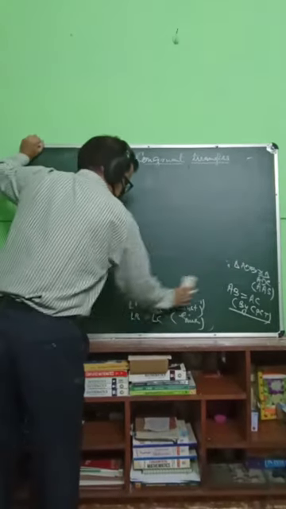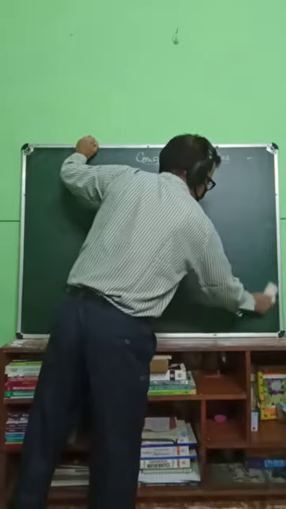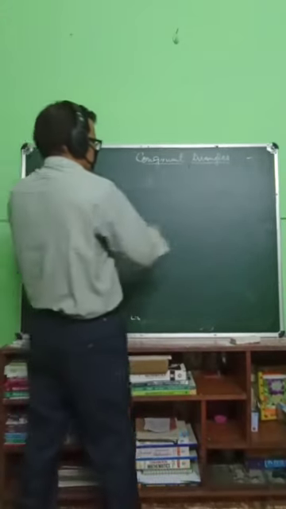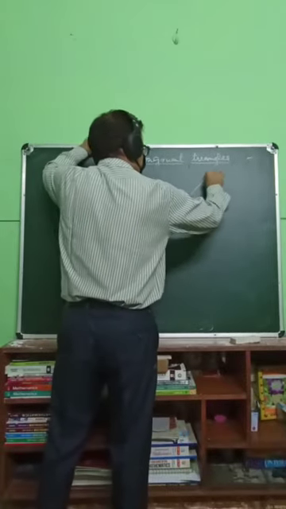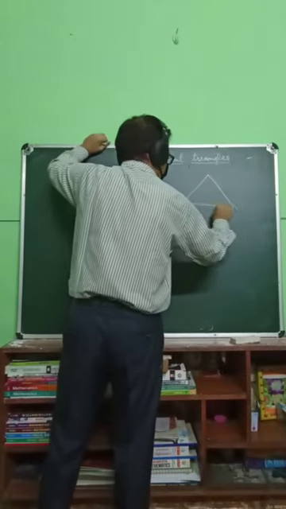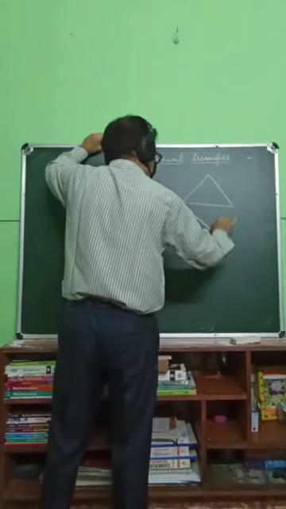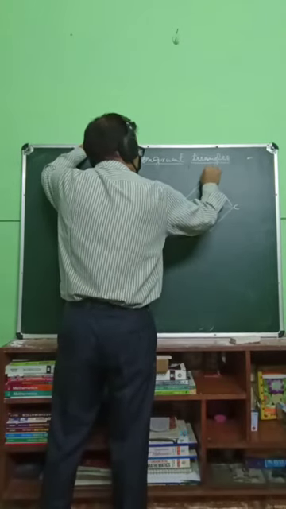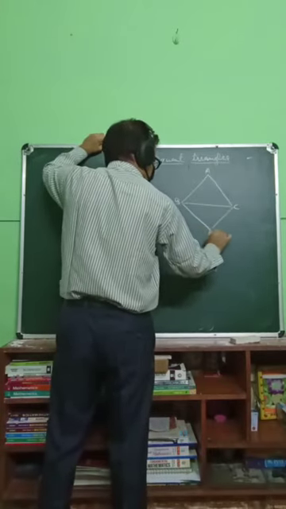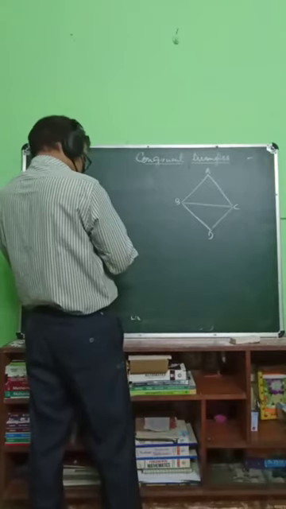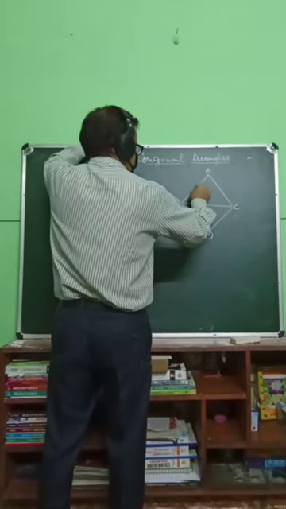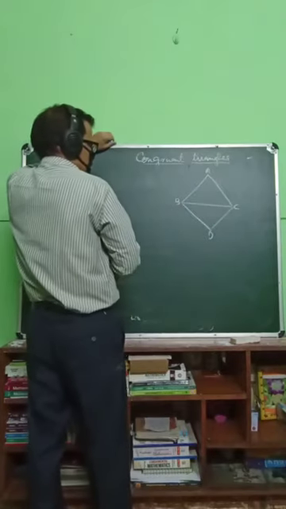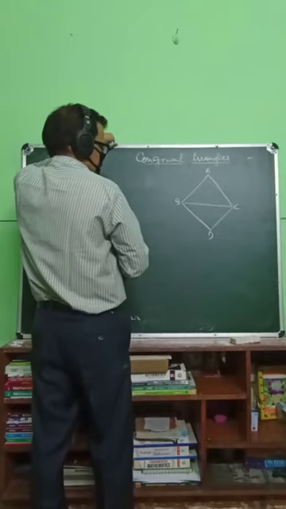The question says, two triangles ABC and DBC are on the opposite side of BC. The question says that this AB is equal to this one, this side equal to this side.